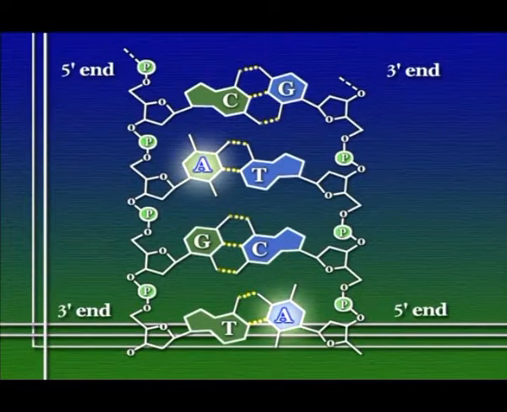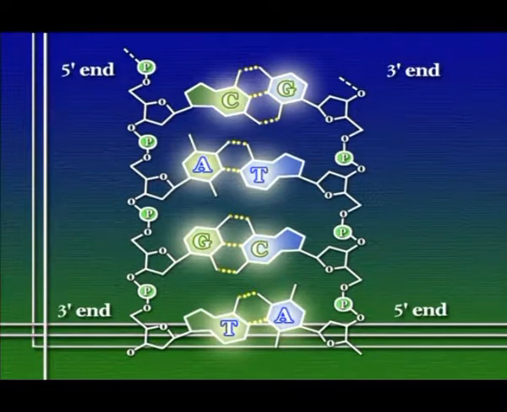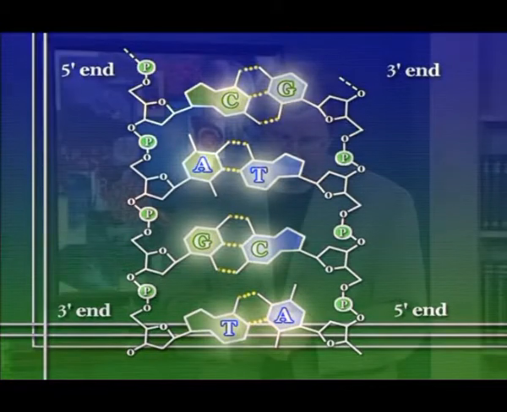Remember, with A always pairing with T and G always pairing with C. In a very real sense, advances in genetic engineering and biotechnology have had as much to do with developing new ways to apply what was learned long ago.